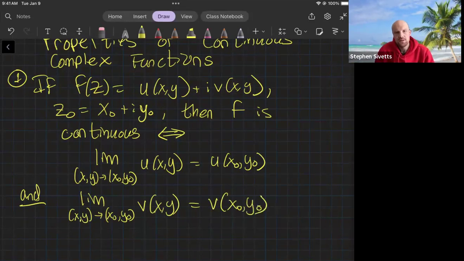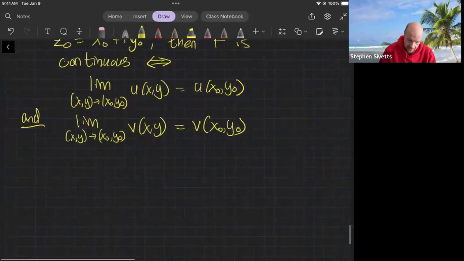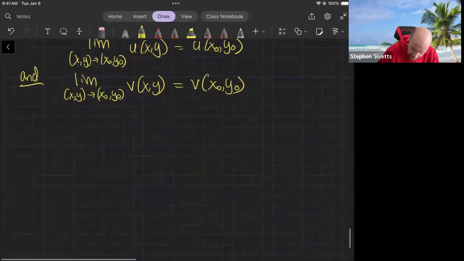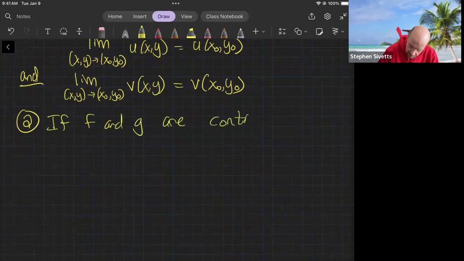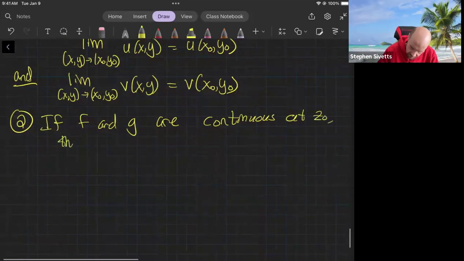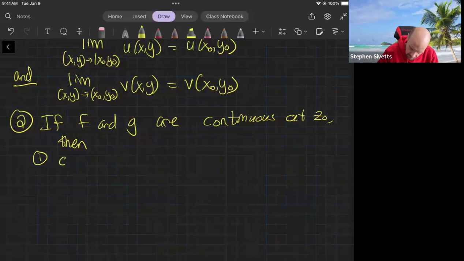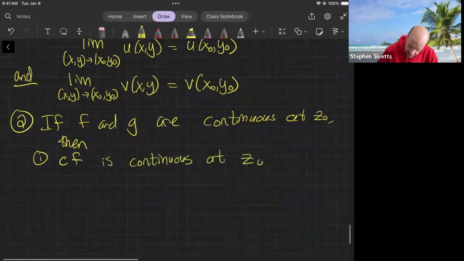Okay? So a complex function is continuous if and only if the real and imaginary component functions are continuous. That's what it's saying. Okay, and let me write out the different properties of continuous functions. So if f and g are continuous at z naught, then a constant times f is continuous at z naught.